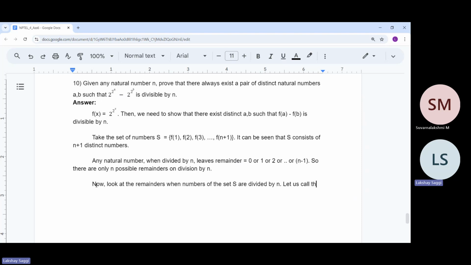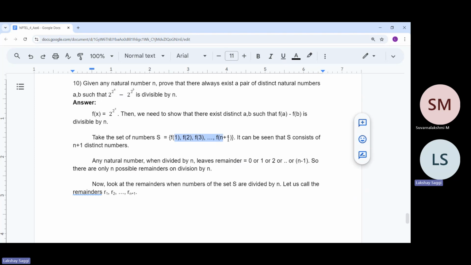Let us call the remainders R1, R2 till Rn plus 1. So these are n plus 1 numbers.